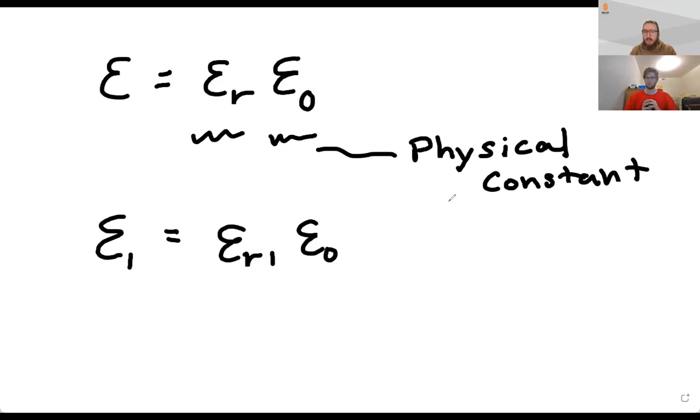Or you could say that this constant describes how easy it is for changes in the electric field to affect the movement of charges inside a material. There's a number of reasons why you might be interested in this dielectric constant.